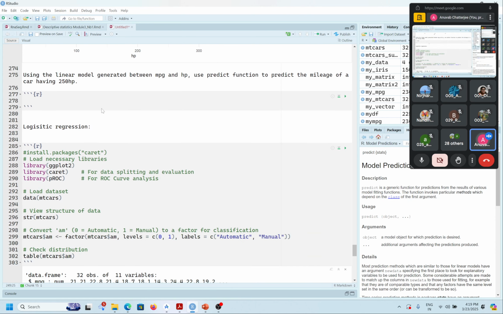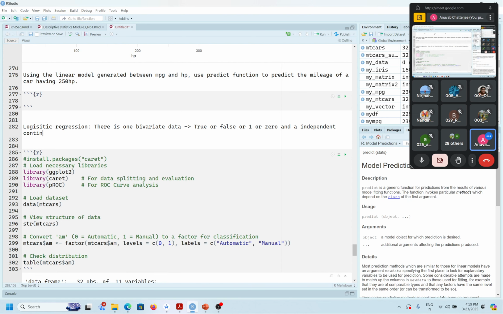The other kind of regression that can occur is called logistic regression. In this case there is one bivariate data, either true or false or 1 or 0, and an independent continuous variable.